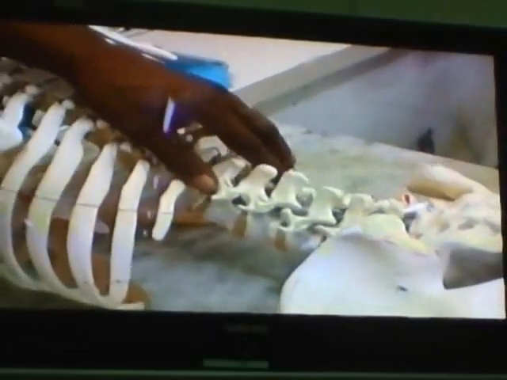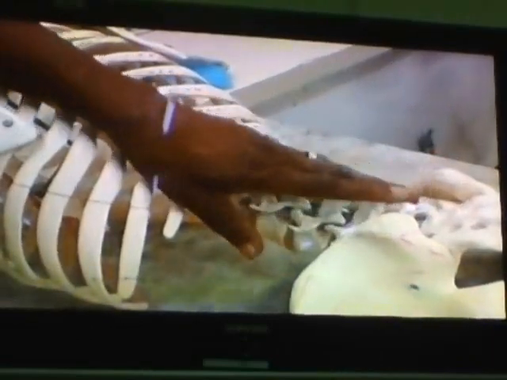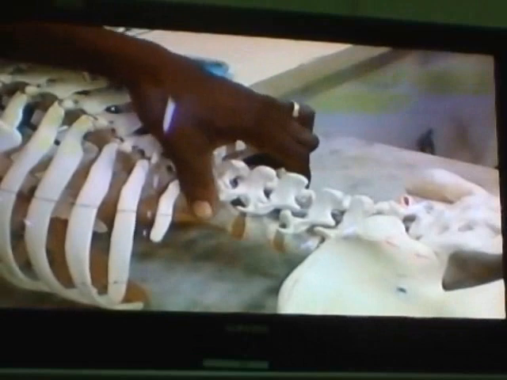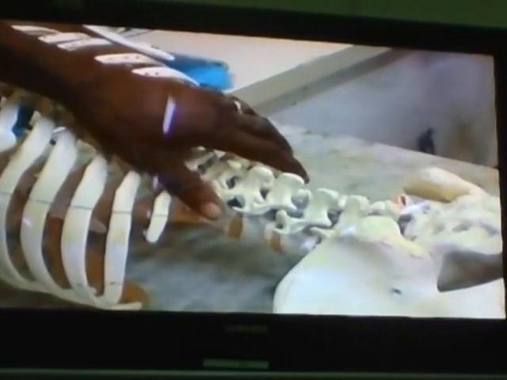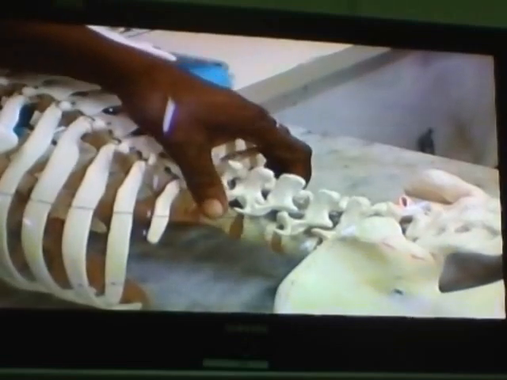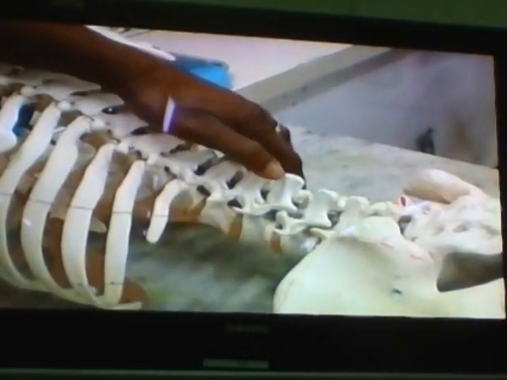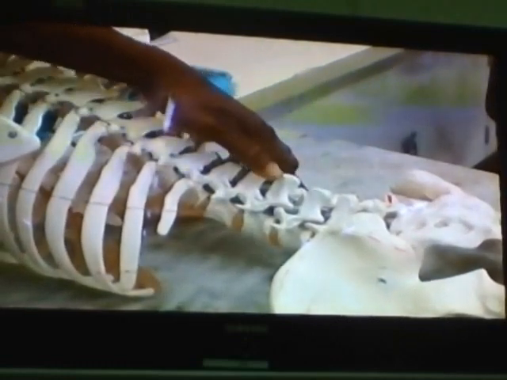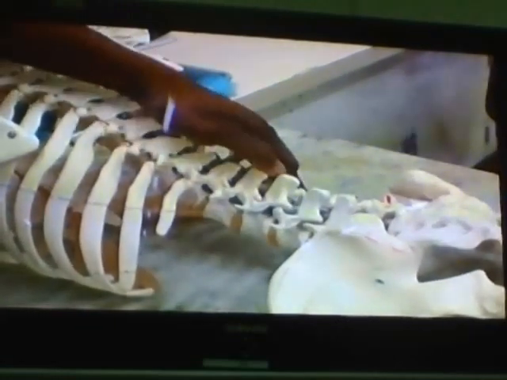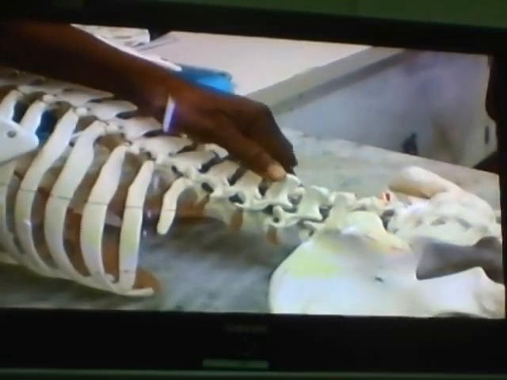Which is that? There are 2 superficial ones on the wall here, and one of them is related to the upper limb. The moment I say that, your ear should be propped up, and you would have the answer coming off the tip of your tongue.